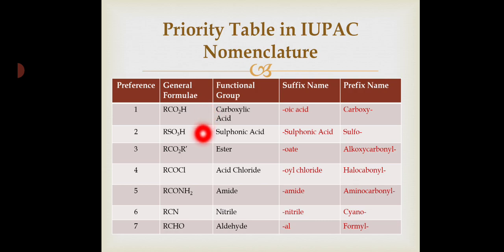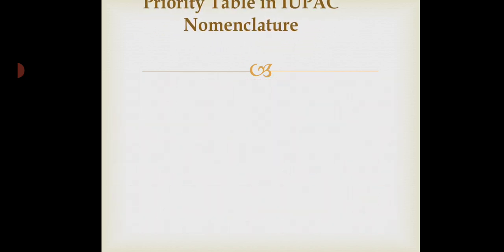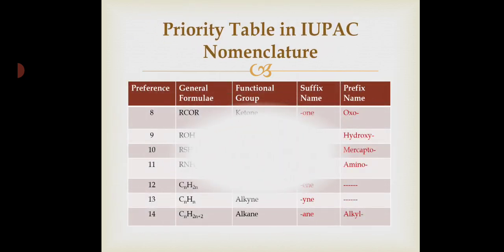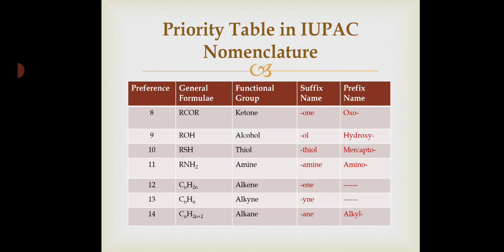Carboxylic acid is followed by sulfonic acid, then ester, then acid chloride, amide, nitriles, aldehyde. This will be followed by ketones, alcohols, thiols, amines, alkenes, alkynes and alkanes.